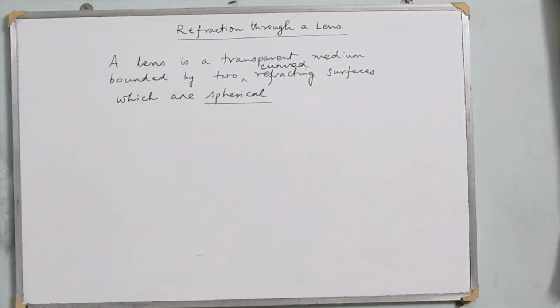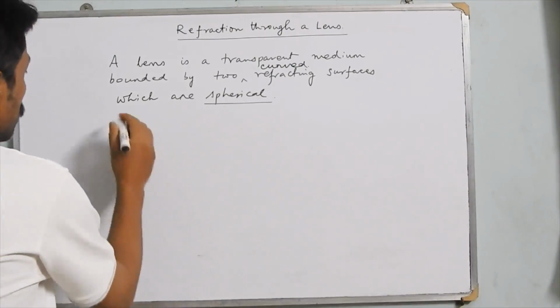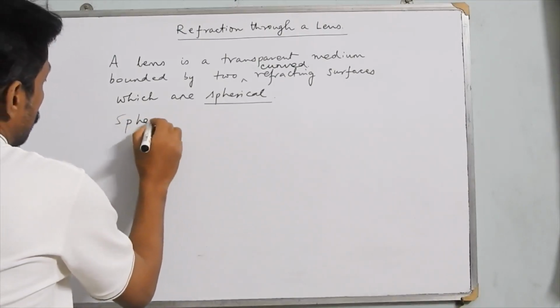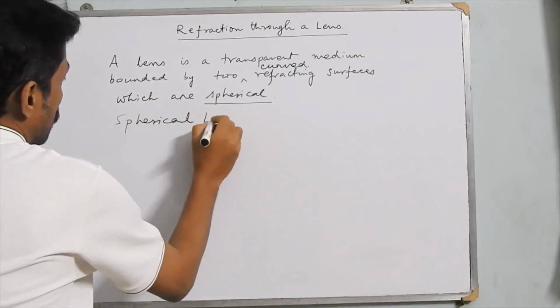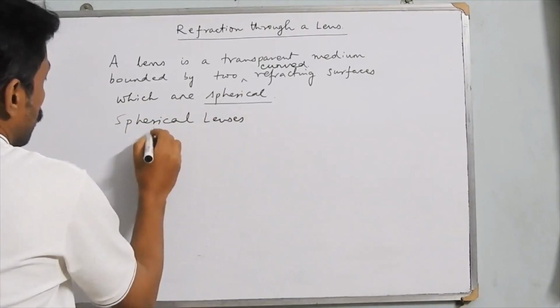So when we talk of spherical lenses, a spherical lens is either a convex lens or a concave lens.